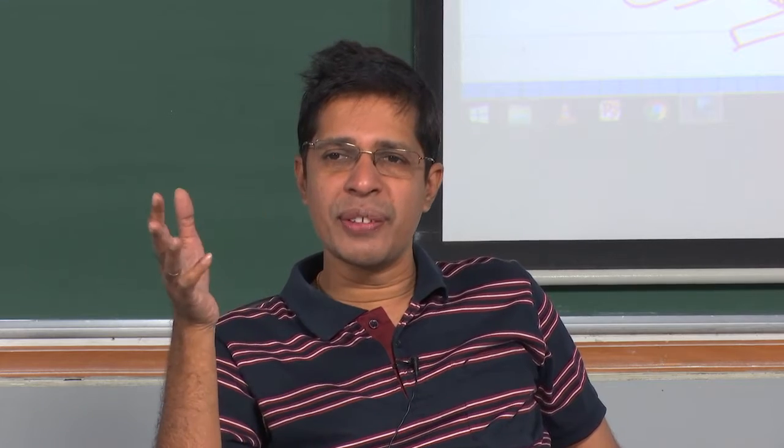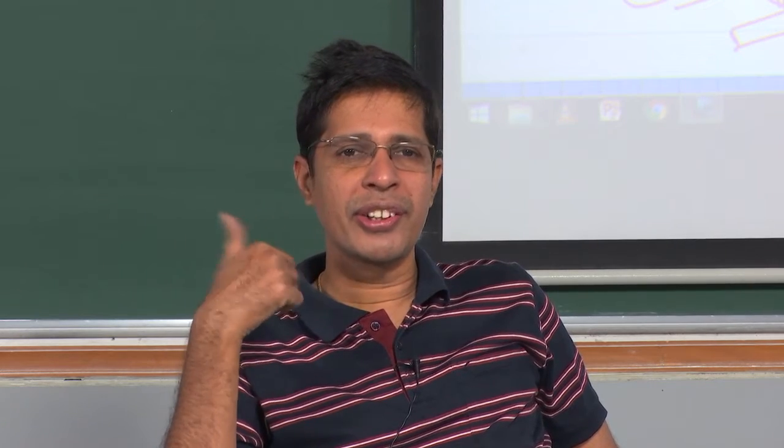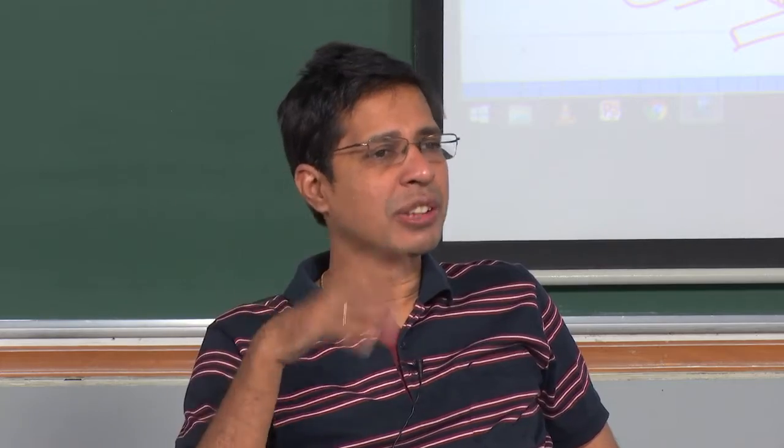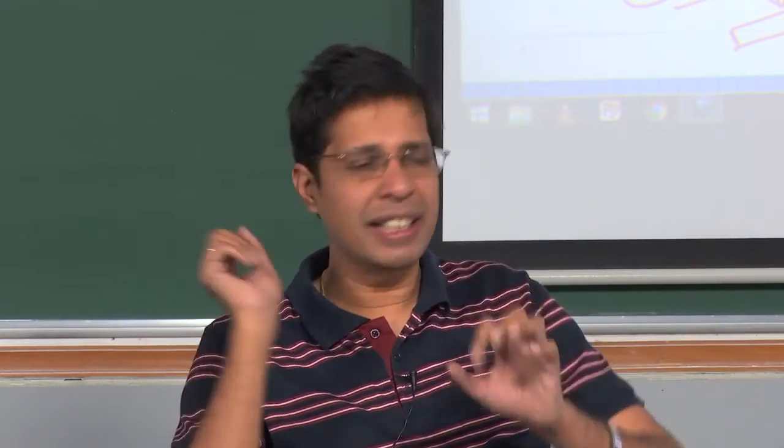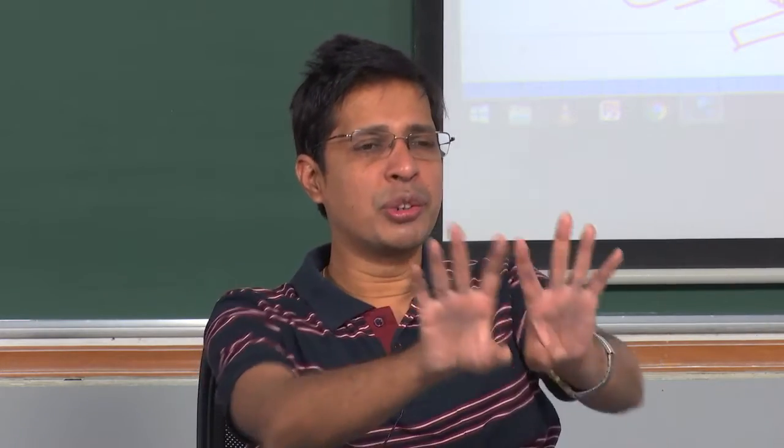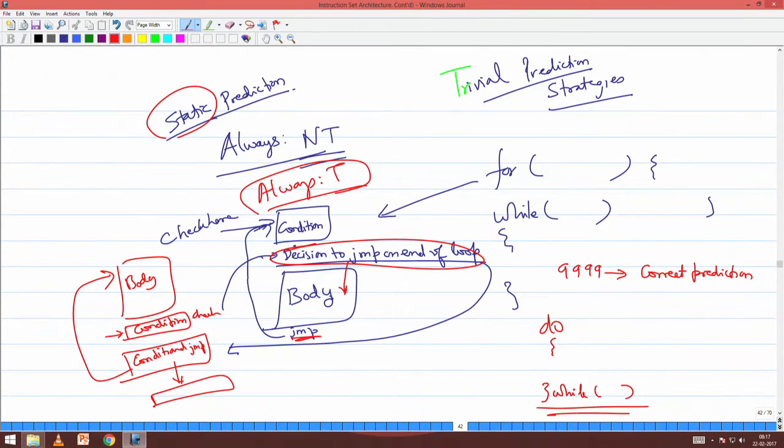Now, how will you decide whether to put not taken, or how will you put taken, and how will you interact with the compiler guy? So there is one compiler person, and you are the architect. Now you are given a mandate, you should only do static prediction, correct? So either you have to decide I should put not taken, or I should put taken as a prediction. Now you have to interact with the compiler guy. How will you make this decision? How will both of them together sit and make the decision?